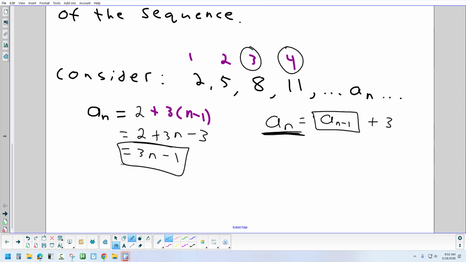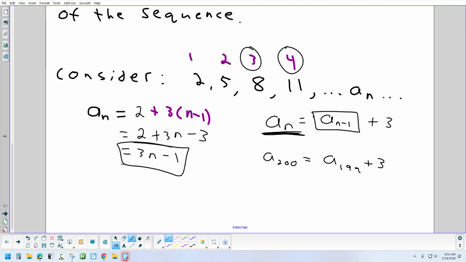And that formula works fine, but think about it with the example I just gave you, finding the 200th term. To find the 200th term, it says to take the 199th term and add 3. Well, do I know the 199th term from the ones they gave me?